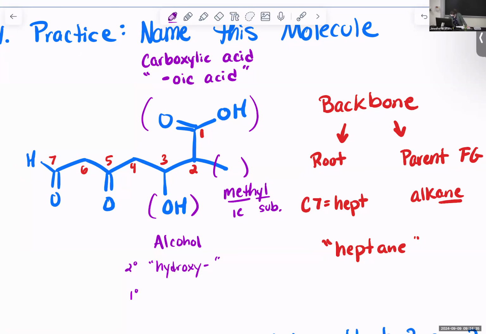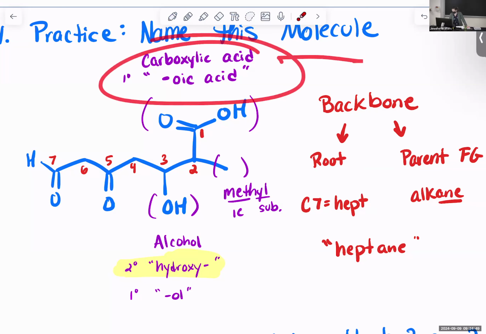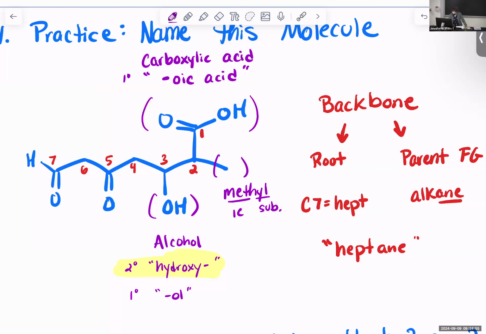Ol, that ol, good. You just take the end of it. It's just ol. But we're going to take secondary because remember, you can only have one primary. And we already know the carboxylic acid is going to be the highest. So that means I'm going to take the secondary, the prefix for the alcohol.